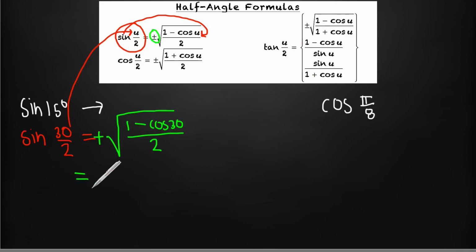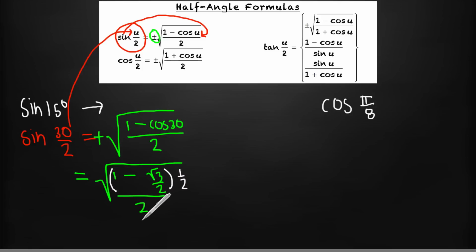And let's keep going here. So you'll have the square root of 1 minus, well, the cosine of 30 is root 3 over 2, divided by 2. And so now all I'm going to do is multiply the top and bottom by 1/2.